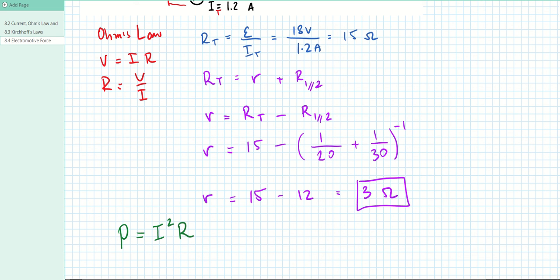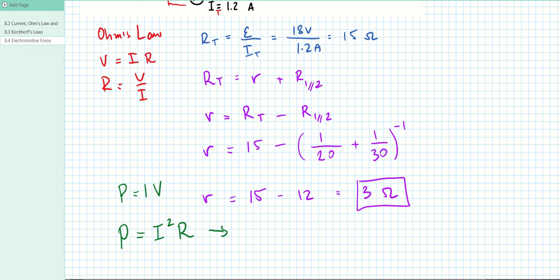Like I said, there are 3 equations. This is the first definition, current times voltage. That would be too much work, finding the voltage across r, if you already know the lowercase r. So this would be the quicker way.